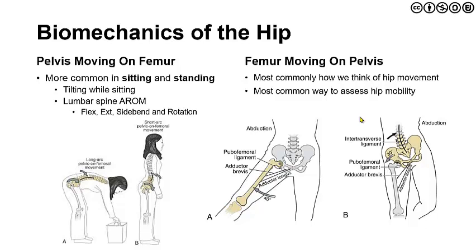And so this is where we see the tilting that may occur, or during lumbar spine active range of motion we see flexion and extension, and this is where we get that anterior and posterior tilt. If we're talking of the femur moving on the pelvis, this is commonly when we think of hip movement, meaning one side is in single leg stance, the other side is more open and able to move freely. And this is the most common way that we assess the hip in terms of mobility, that being the femur moving on a more fixed or stable pelvis.